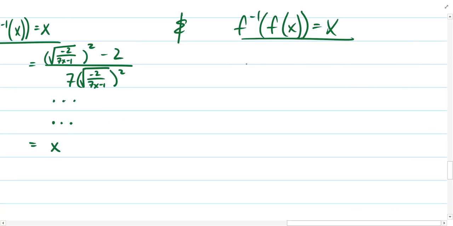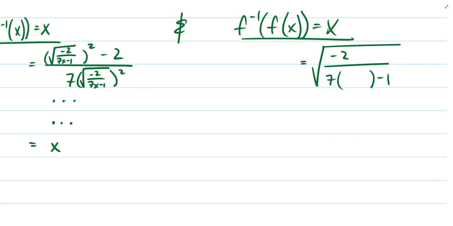And on the exterior this time, we want the square root of negative 2 over 7 times something minus 1. And the something on the interior here needs to be the original interior function, x squared minus 2 over 7x squared.